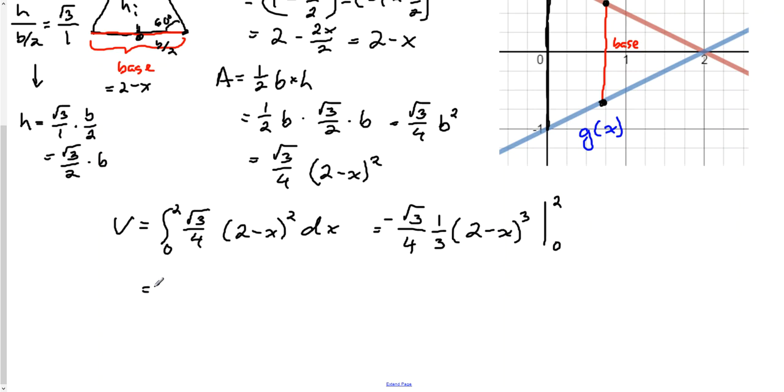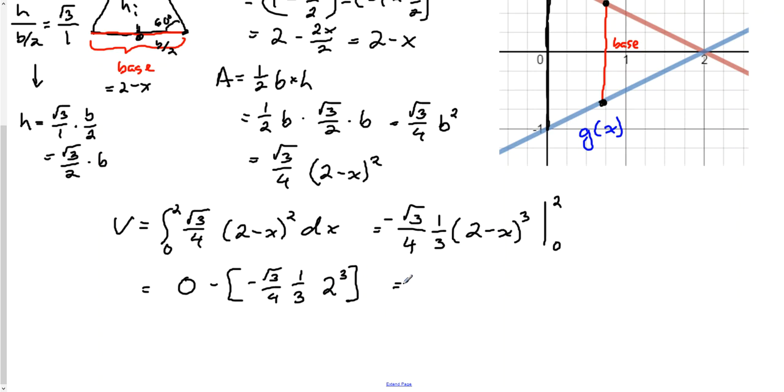So let's see what happens when we integrate this. At x equals 2, this whole thing is just going to be 0. So we're going to get 0 minus whatever we get when we sub in x equals 0. So that's going to be negative root 3 over 4, times 1/3, times 2 cubed.